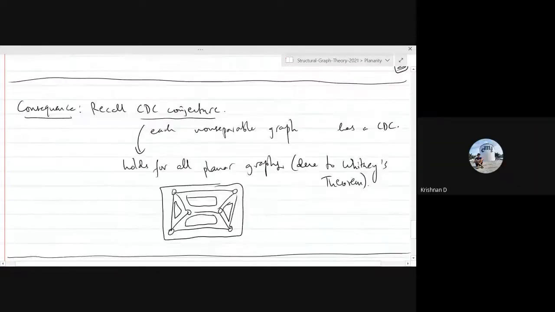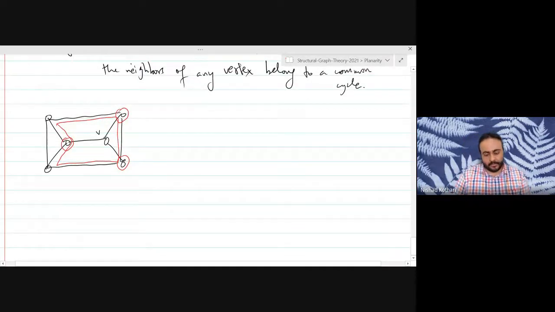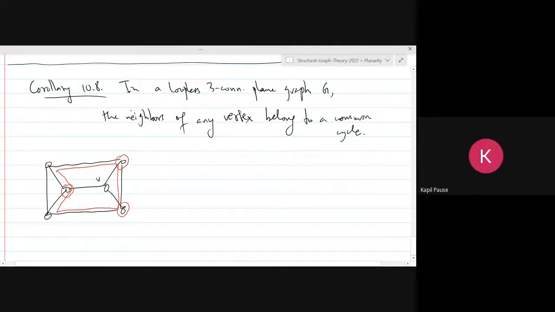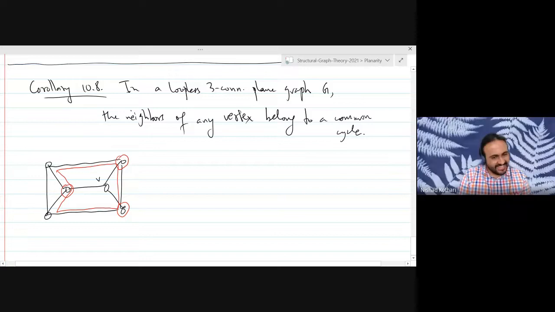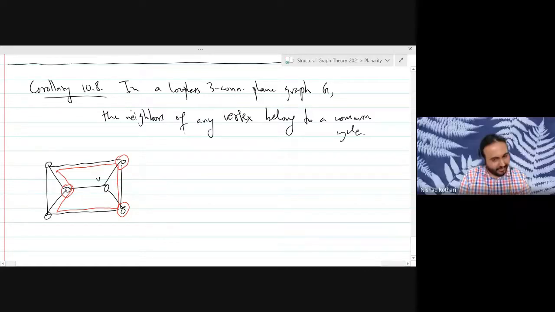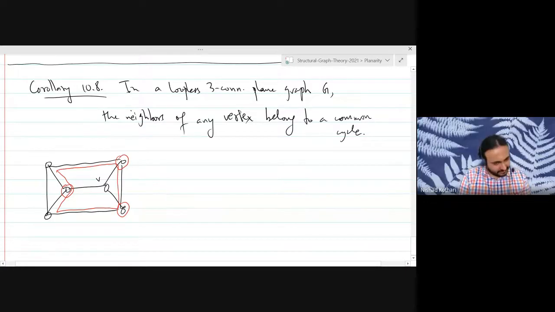Can you try to think of how to use Whitney's theorem to prove this? Just XOR all the cycles. Not all the cycles, but the cycles formed by taking adjacent ones. I see. Okay, now I understand.